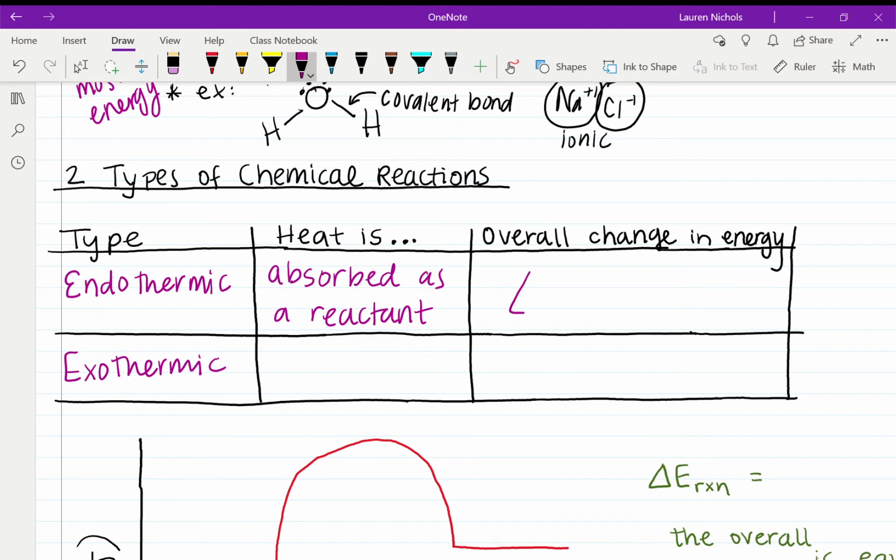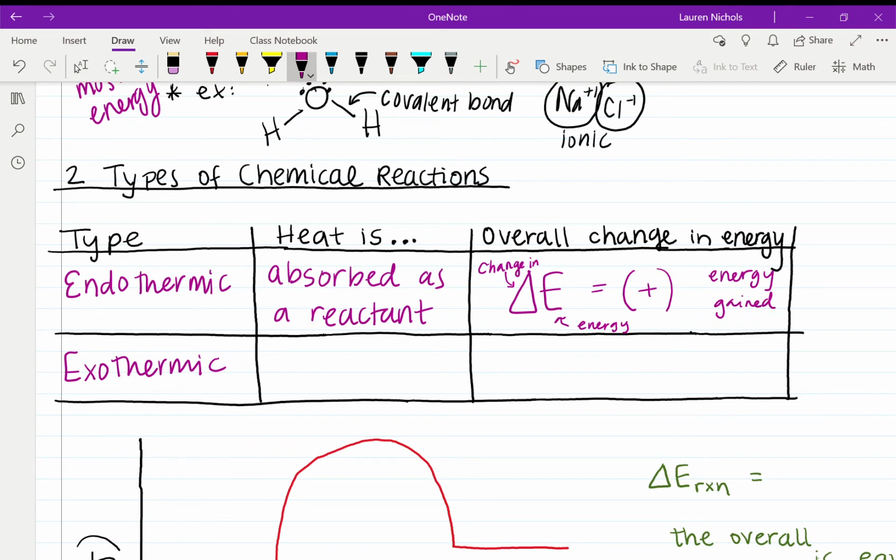And so this means that our overall change in energy is going to be positive. This little triangle here means change in. The E stands for energy, and the P is obviously positive. So this means that energy is gained.